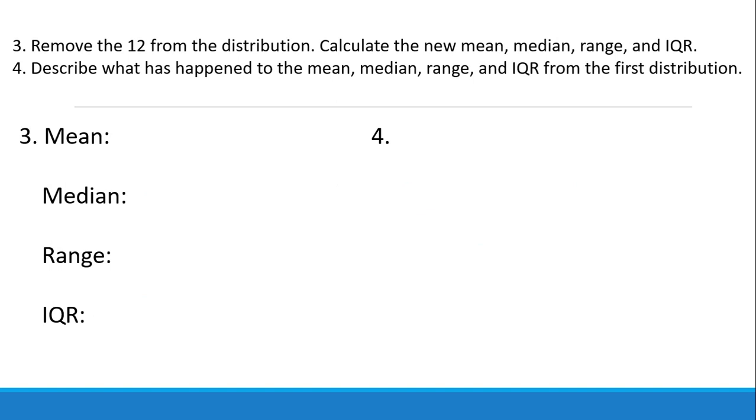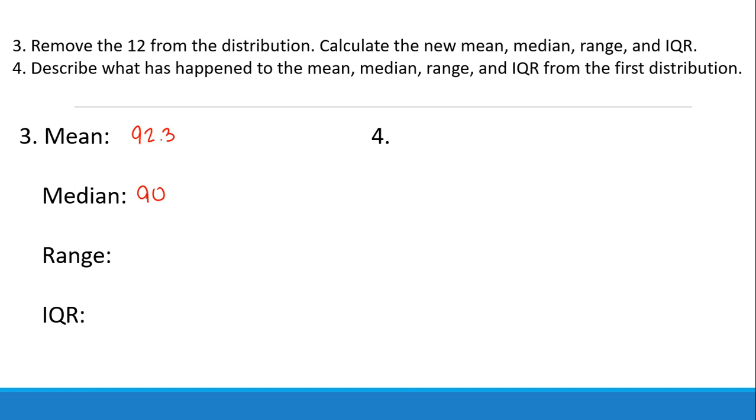If you take the 12 away from the distribution, calculate the new mean, median, range, and IQR. So if you take away 12, your new mean is 92.3. My median is 90.